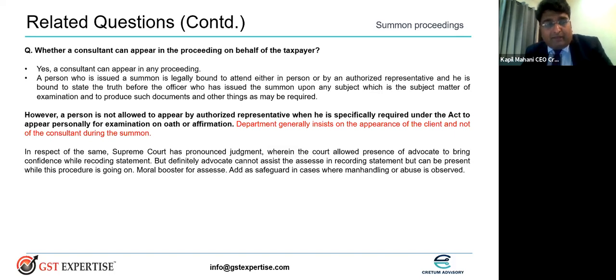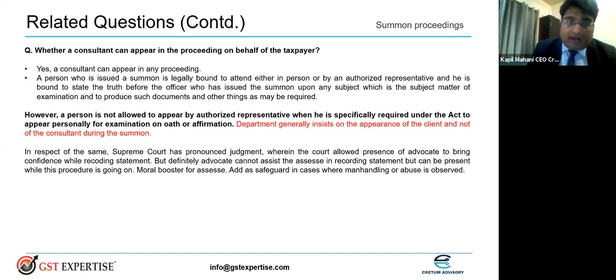Now, one very important aspect: the department never wants a consultant to appear in proceedings on behalf of the taxpayer, and they even do not want a professional to be present in a summons statement. In that scenario, the outright answer is that a consultant can appear in any proceedings of section 70 if they are calling for any document or information, because it is general.